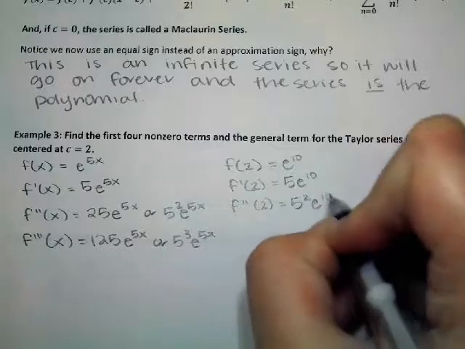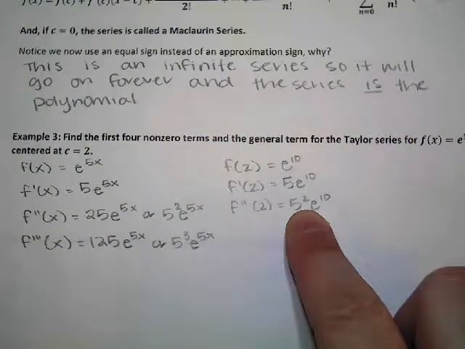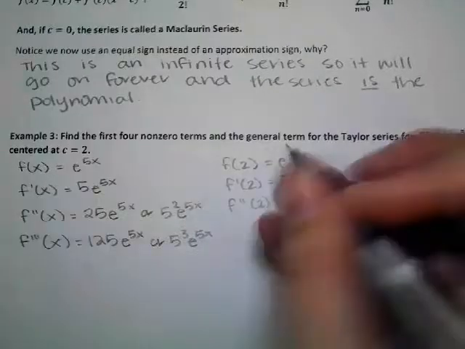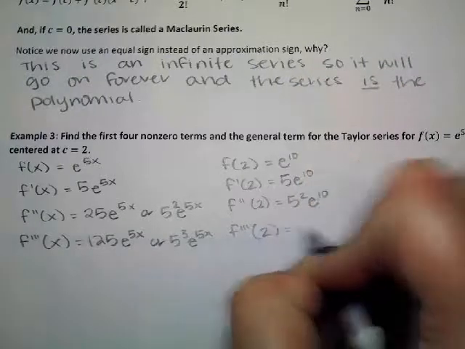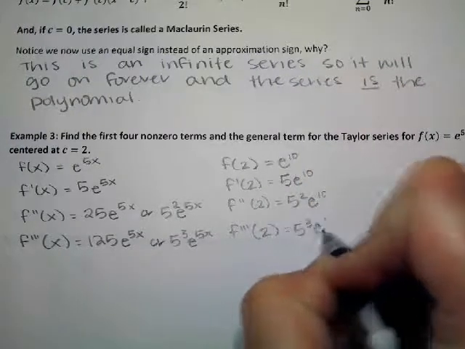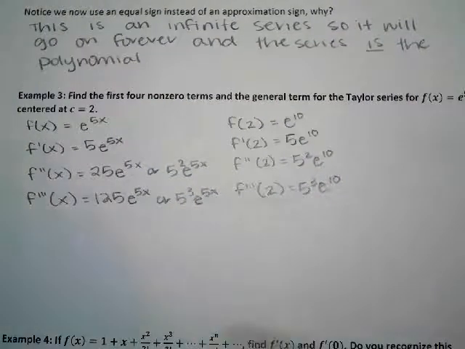And I'm going to go ahead and write this as 5 squared instead of 25 because I'm preparing myself to write this as an nth term. And as an nth term, it's a little bit easier to use patterns than it is to use the number expanded out. Okay? And then f triple prime of 2 is 5 to the third e to the 10th. Okay. So I'm going to go ahead and write my terms.